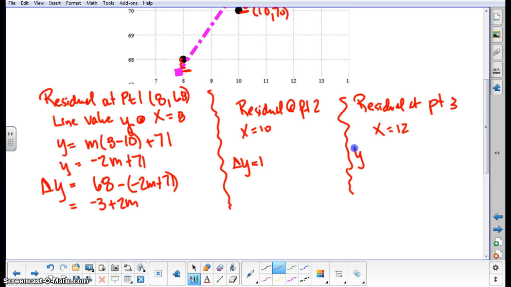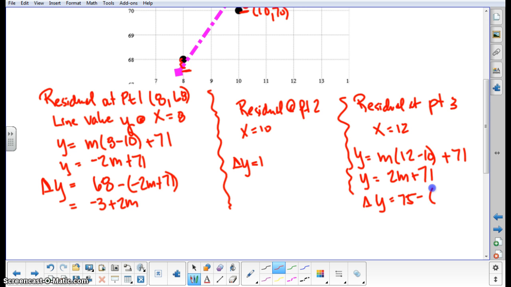So y is equal to m times 12 minus 10, plus 71, which is 2m plus 71. And our delta y is 75 minus 2m plus 71, so our delta y is equal to 4 minus 2m.